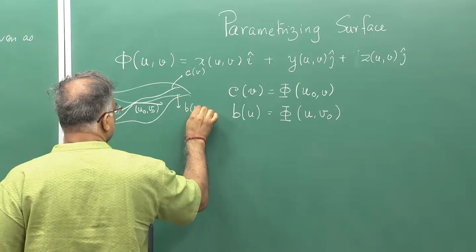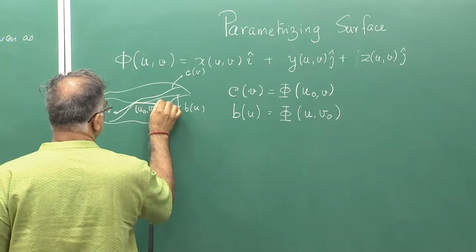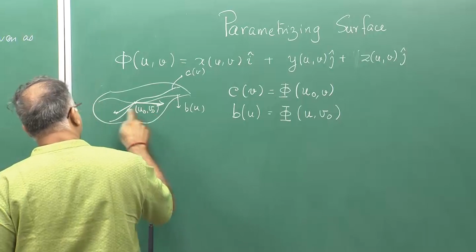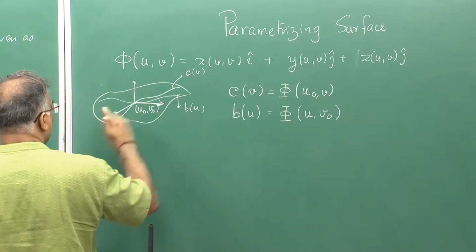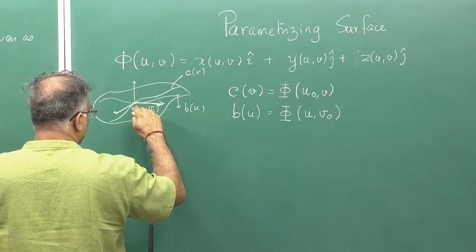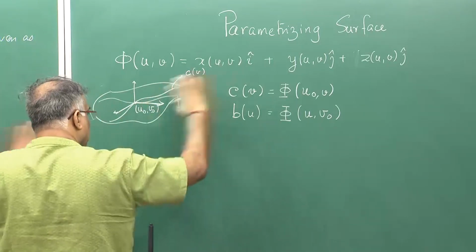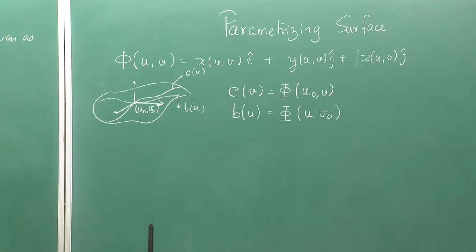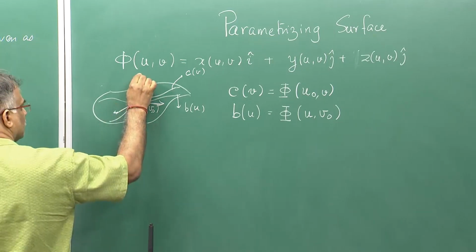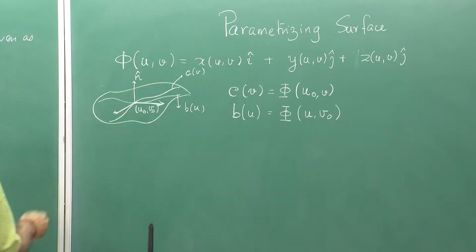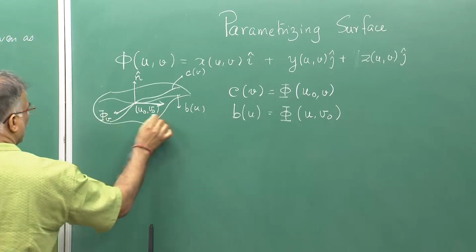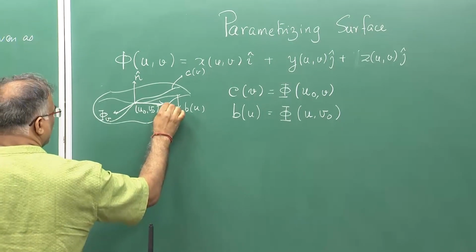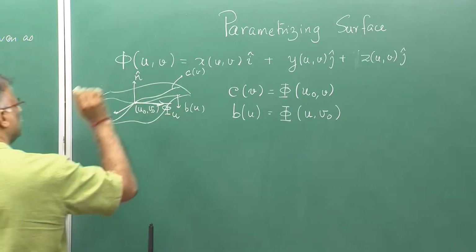So, I can look at the tangent to BU, then the cross product of these two will determine a vector which will determine the tangent plane itself. So, we will see this will determine phi of v and this will be phi of u.